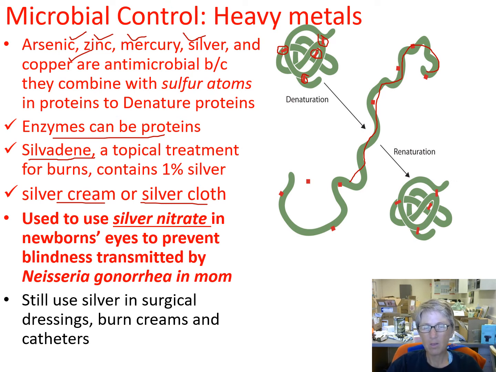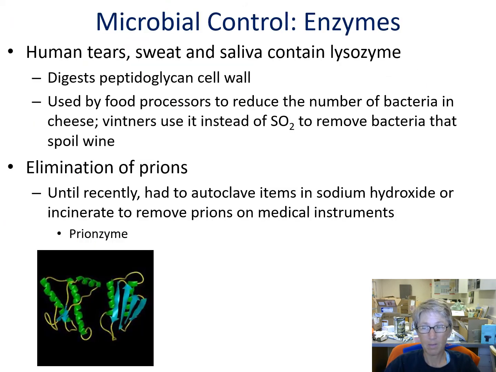In the olden days, they used to use silver nitrate in newborn babies' eyes to prevent blindness that would be transmitted by Neisseria gonorrhea in the mother. Coming through the vaginal canal during delivery, if the mother has Neisseria gonorrhea, the babies can become blind because of that microbe.